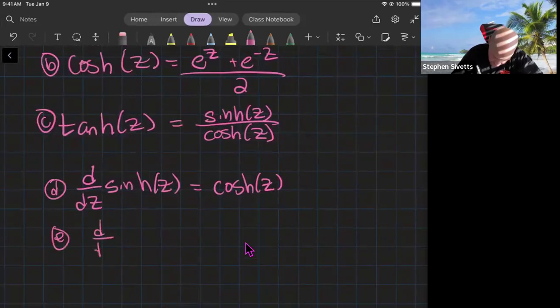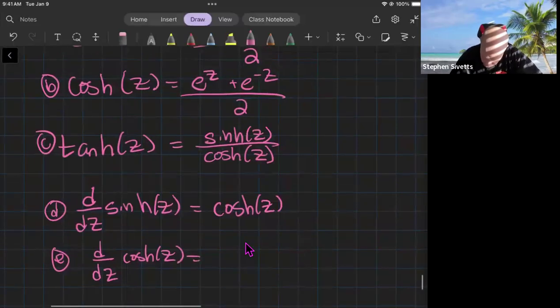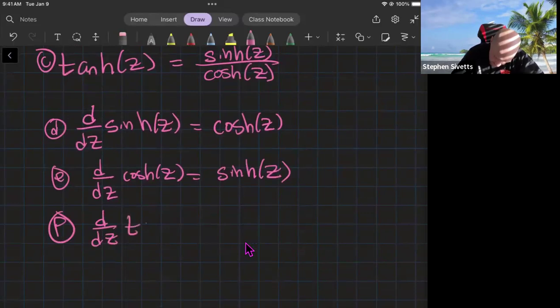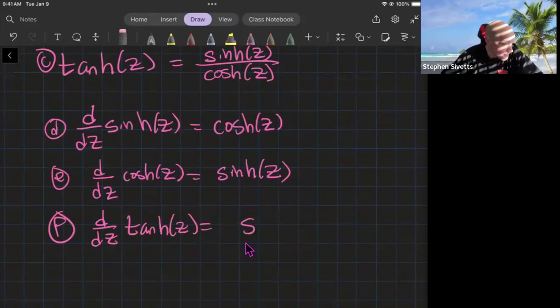The derivative of hyperbolic cosine will be equal to hyperbolic sine z. And the derivative of hyperbolic tangent is equal to hyperbolic secant squared.